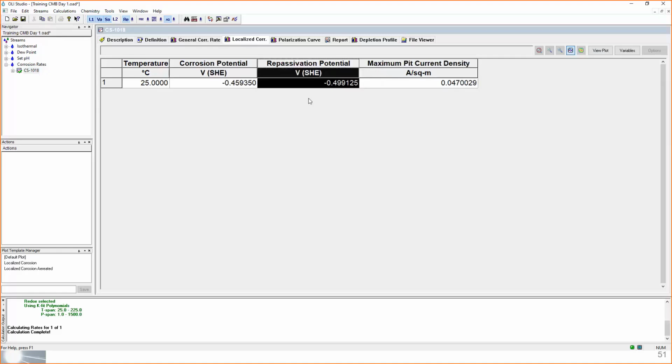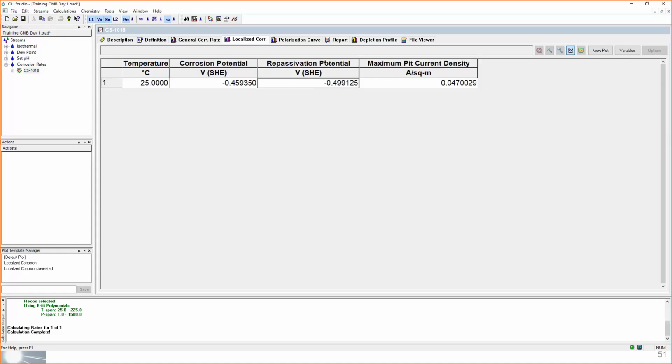If you exceed your repassivation potential, if you go above that repassivation potential, localized corrosion damage such as pitting, for example, will occur. If you are below this repassivation potential, then you don't have susceptibility to localized corrosion damage.